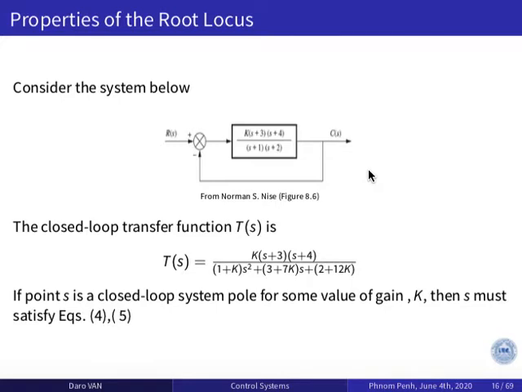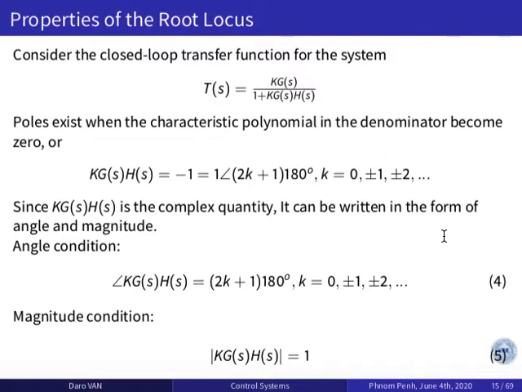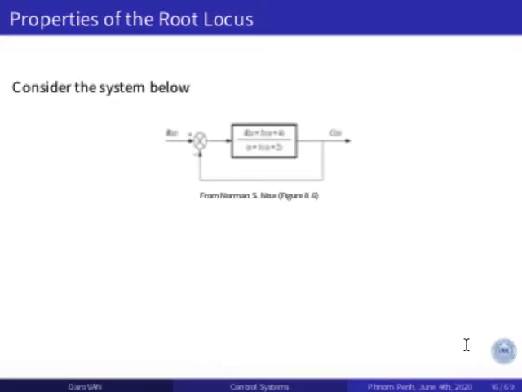And the closed loop transfer function T is this one. You can combine these blocks together using block diagram reduction. So in this case, if point s is the closed loop system pole for some value of k, then s must satisfy these two equations, equation 4 and equation 5.